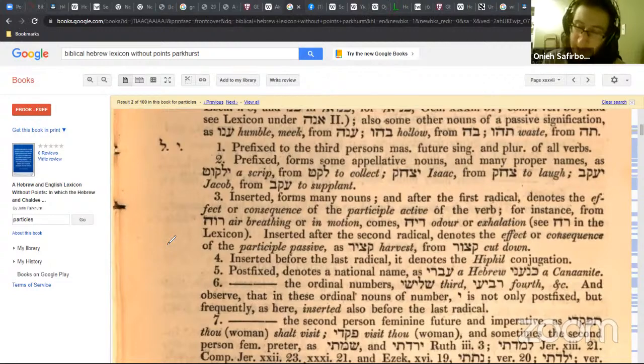And like we said last week's meeting, the numerals are conveyed by the yod added at the end. The ordinal numbers, like if you're saying first, second, third, fourth, fifth, sixth, the ith is conveyed with a yod at the end and a yod between the two final letters of the number.